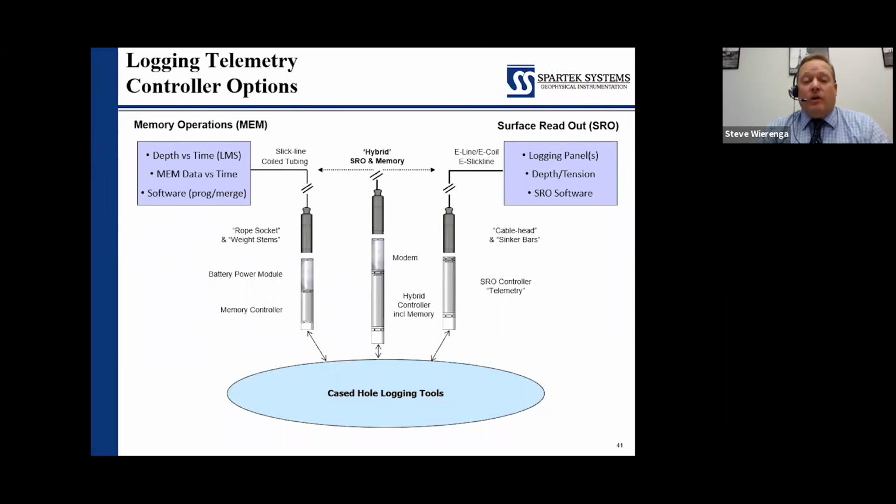This also becomes very important when we start packaging these tools as we get into some of the other well integrity tools, such as casing inspection and calipers. We start to run out of bandwidth on our wireline, so we can use a hybrid memory to gather more information on single passes.